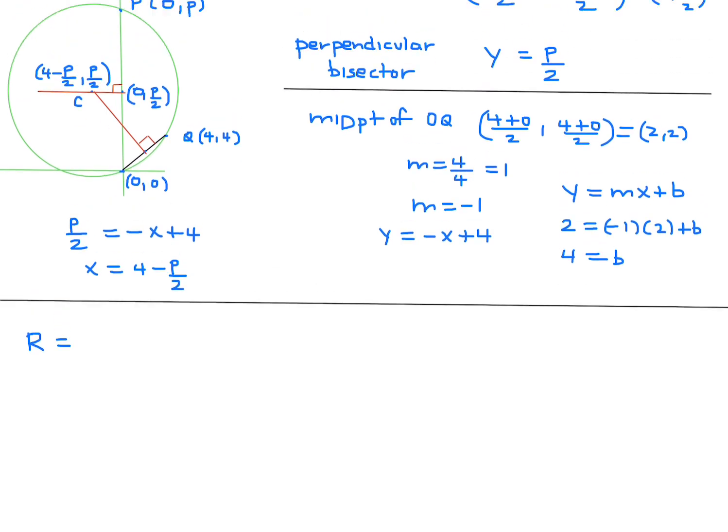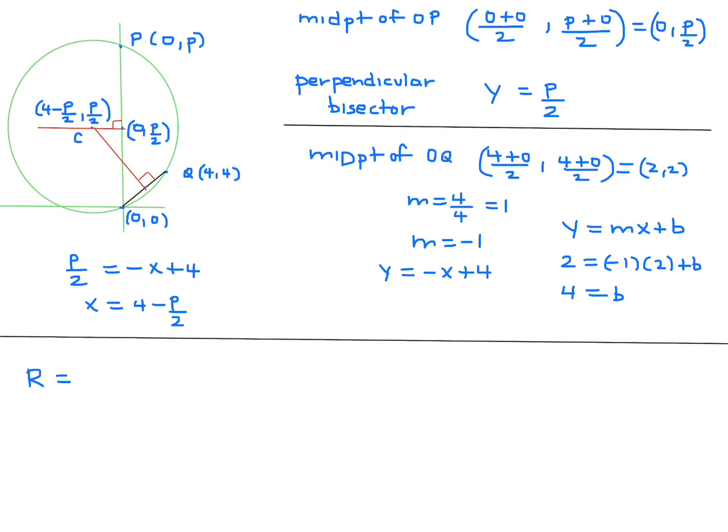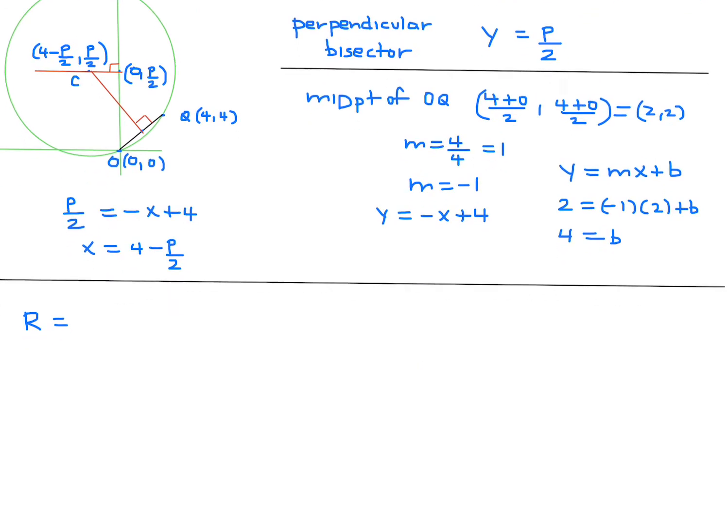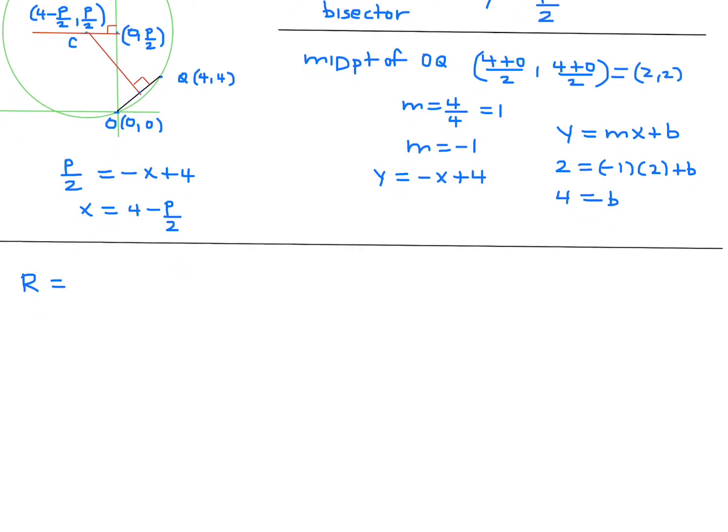I can use C and P, or I can use C and O, which O is right here, that's the origin. Or I can use C and Q. So it's up to you, really. Looking at this, I guess the simplest one in terms of algebra would be just C and O. That'd probably have the simplest calculations involved. So let's just use that.